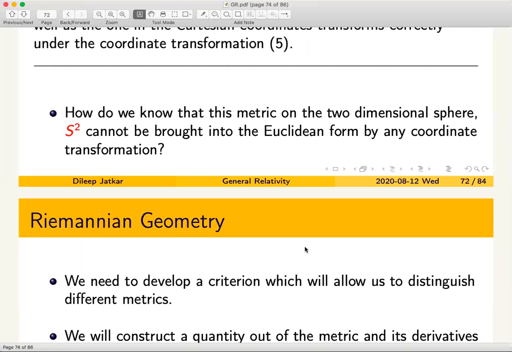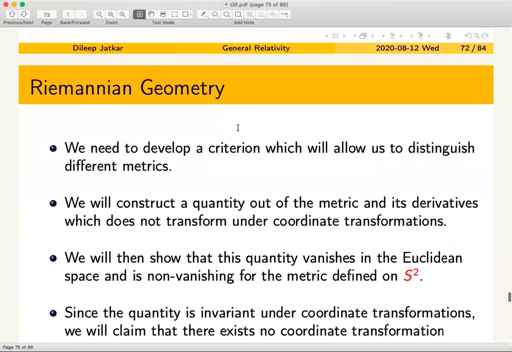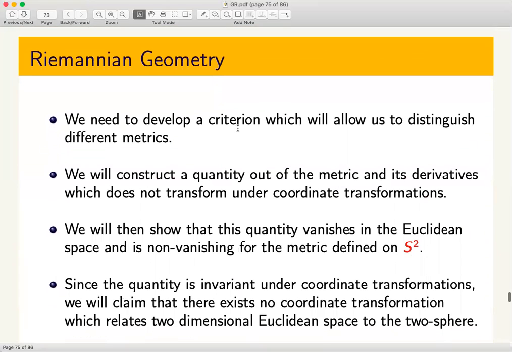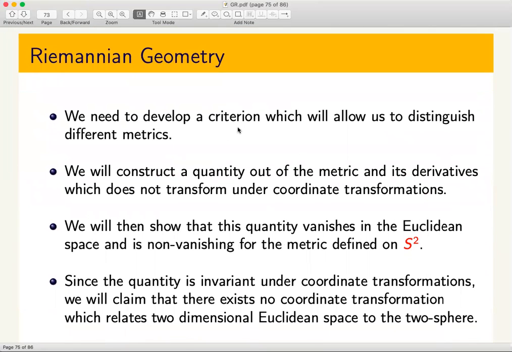So let us ask the question: how do we develop a criterion which would allow us to distinguish different metrics? What we need to do is to write down a quantity which is written in terms of the metric and its derivatives, but which does not transform under a coordinate transformation.